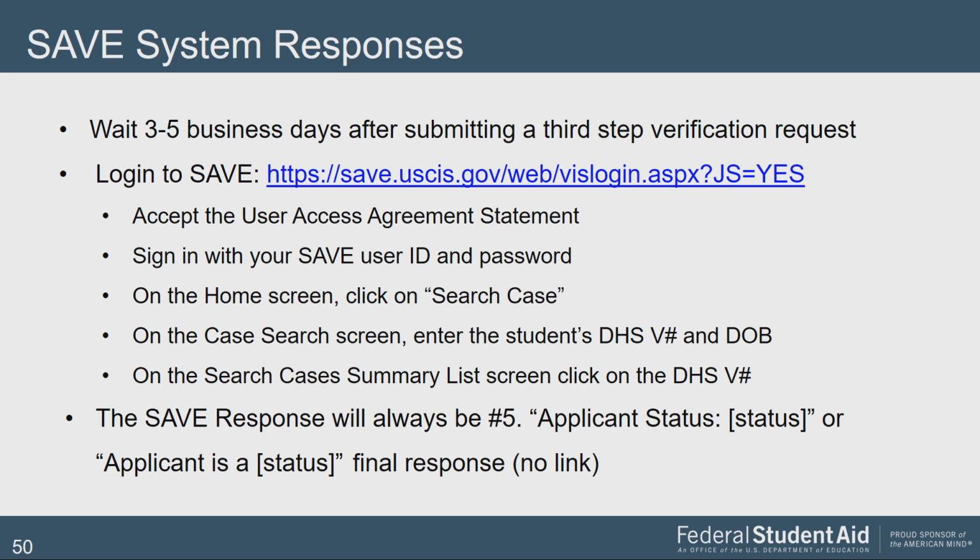The SAVE response will always be number 5 under this scenario. If you haven't received a SAVE response after 15 days, you must determine the student's eligibility based on the immigration document provided. After December 16th, SAVE will email you a notification when a response to your verification request has been posted to SAVE. You won't have to go looking for it.